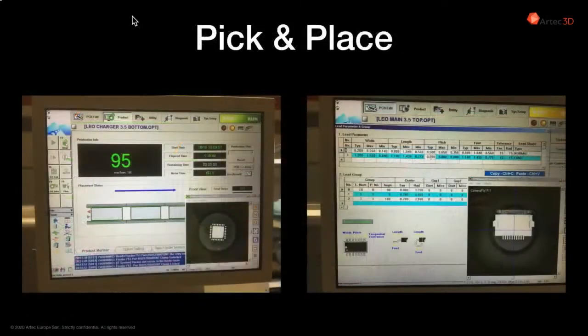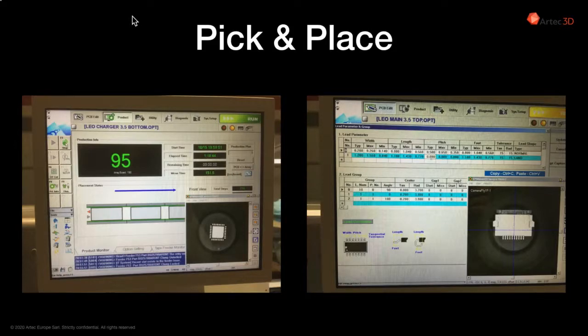The pick and place machine uses a visual system to see the components from beneath to align them to the right position on the PCB. It allows us to reach good positioning of plus minus 30 microns.